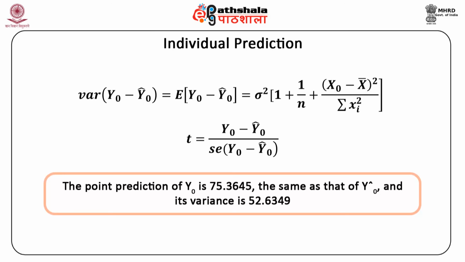Therefore, the 95% confidence interval for y0 corresponding to x0 equal to 100 is seen to be: y0 given x0 equal to 100 is greater than or equal to 58.6345 but less than or equal to 92.0945.